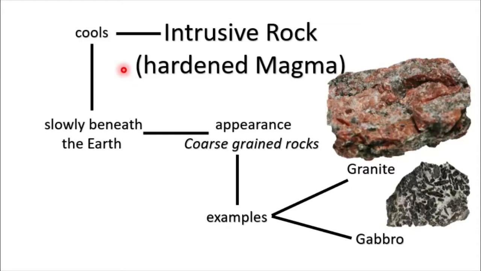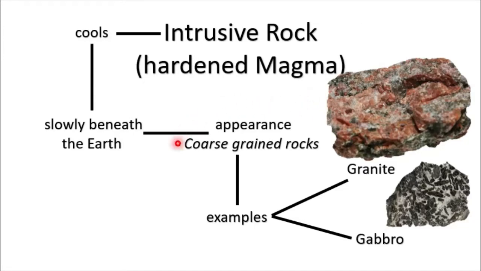So it is found underground, and they cool very slowly because they are not exposed to sudden temperature drop as compared to the extrusive rock that is exposed to the atmosphere. So the slow cooling of this rock will produce a much bigger grain of minerals. So the different minerals are actually visible from the appearance of the rock.